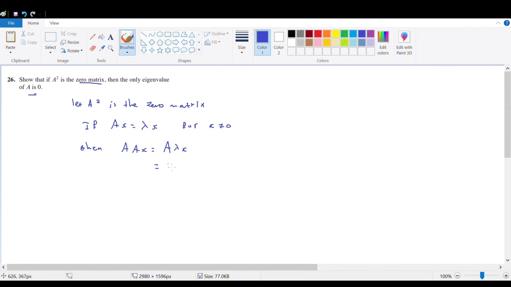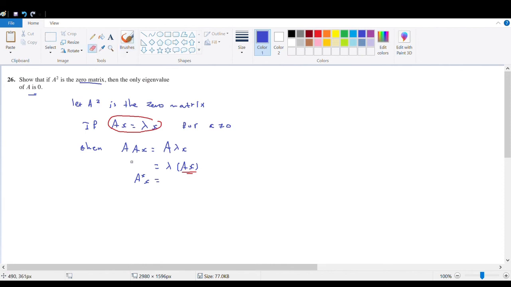We can rearrange this, with lambda as a constant, so here we have lambda Ax. Now we know that Ax is just lambda x, so we can replace it, and this will give us A square x on the left.